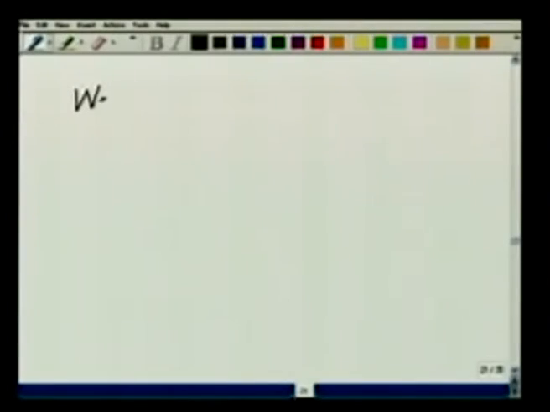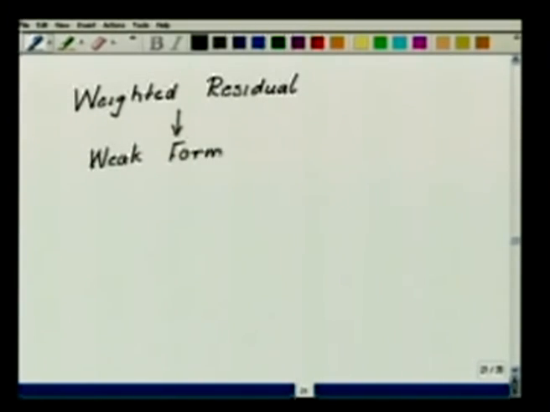So let us now stop here for the time being and recap as to what we have done in this lecture. In this lecture, we have introduced the weighted residual formulation, from which we obtained the weak formulation for the model problems of interest, and from which we went to the specific, which is the Galerkin form.